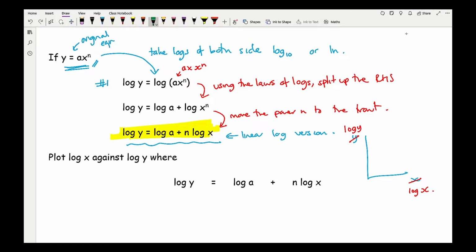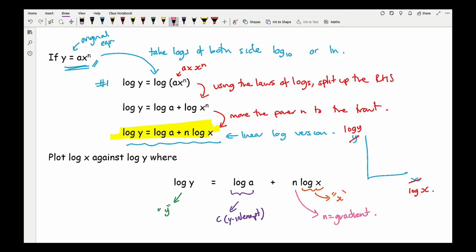And once you've done that, we're going to plot this equation. So this would represent our y, log a would represent our c, which is our y-intercept, and n log x, well, log x would represent our x value, and n, choosing an appropriate colour that we've not used, let's give it pink, would equal our gradient, and there would be our linear equation.